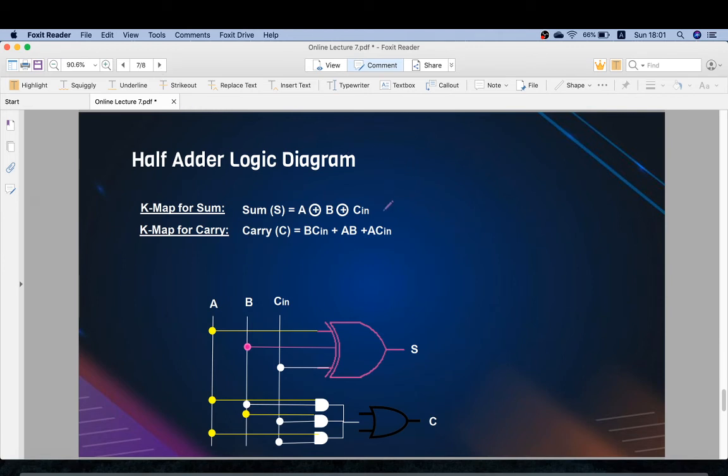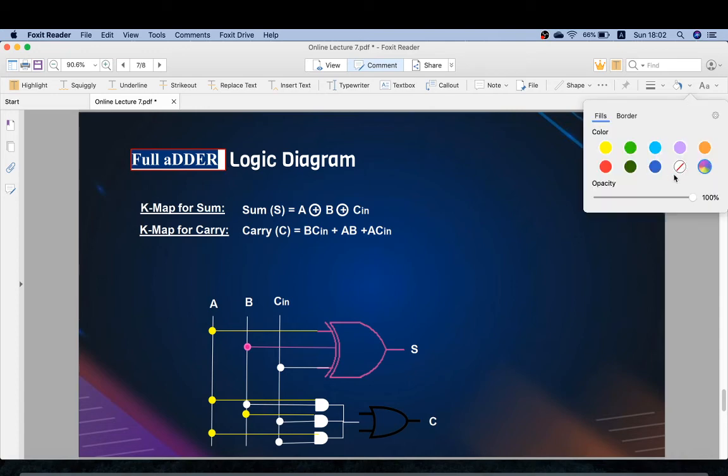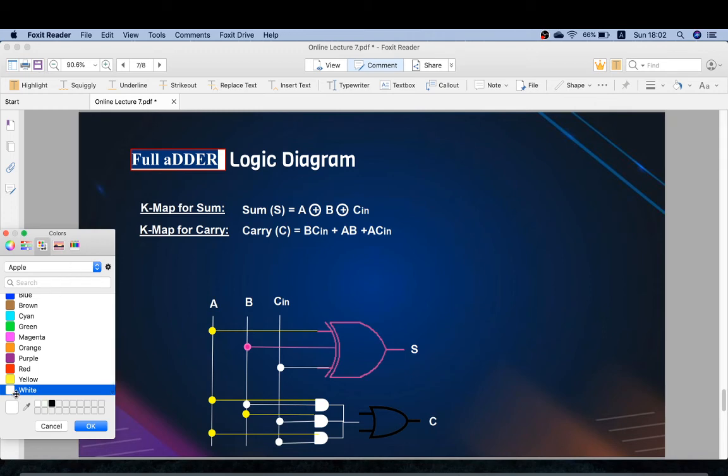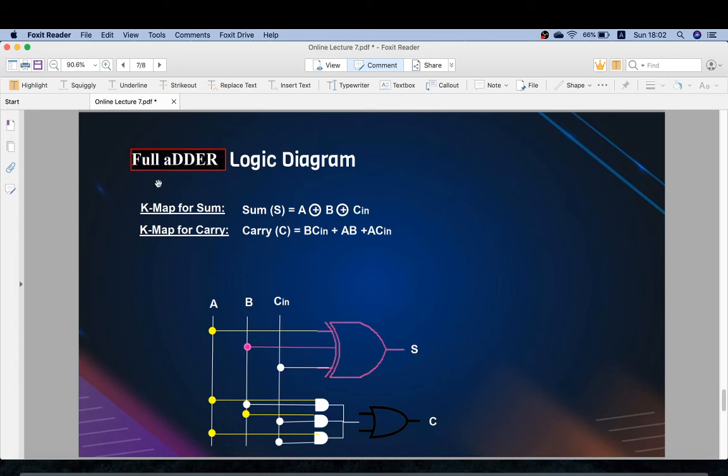Now the final step is to make the logic diagram for the full adder. So let's change it to full adder.